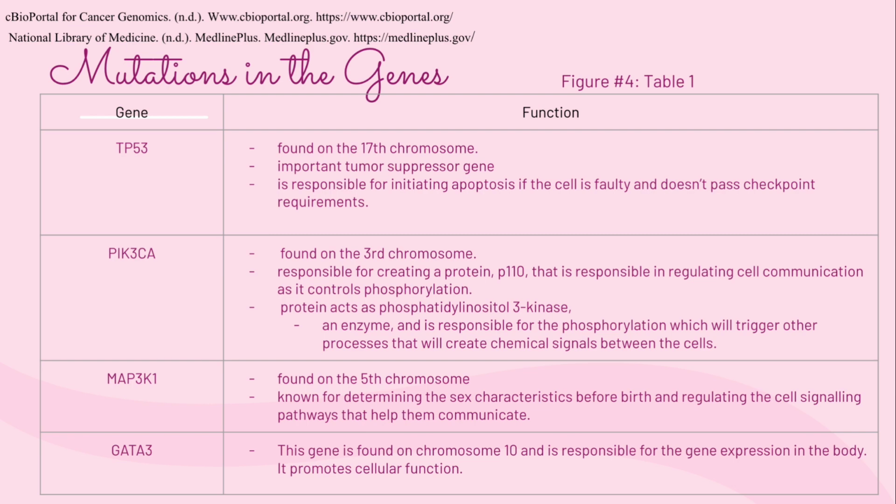It also does aid in cell signaling pathways and allows for them to communicate. The GATA3 gene is found on chromosome 10 and is responsible for gene expression in the body, promoting cellular function and allowing these cells to be at their utmost ability and be their healthiest.